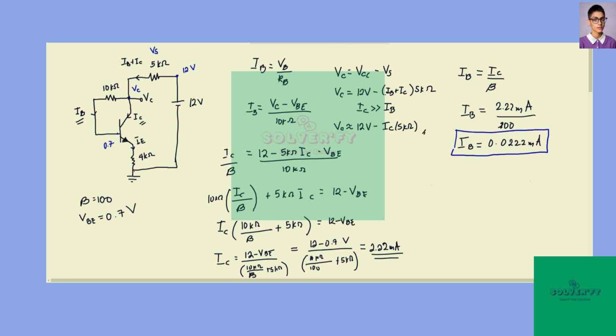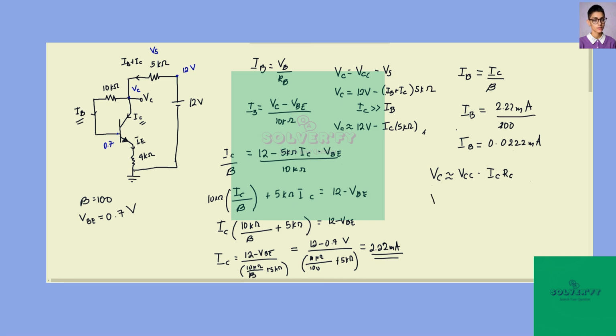Now to get the voltage at the collector, node C, we go back to our second equation, and that is VC is approximately equal to VCC minus IC times RC.